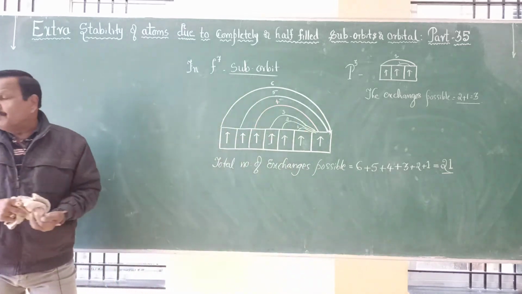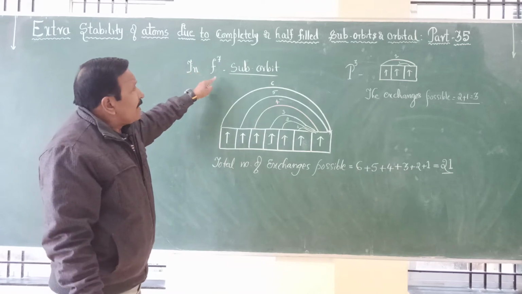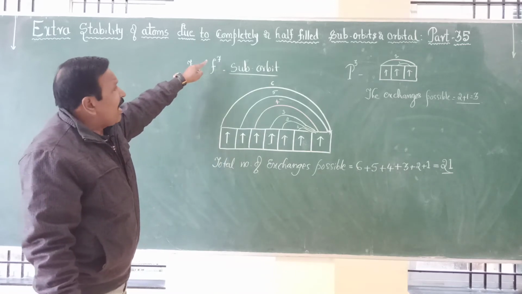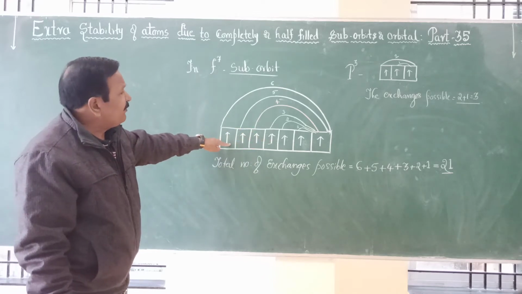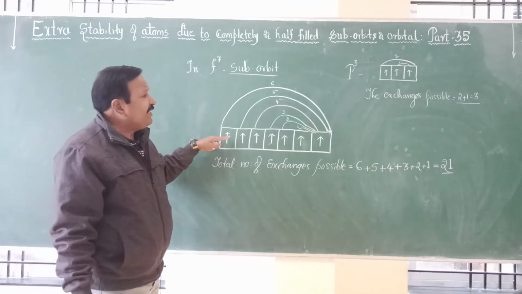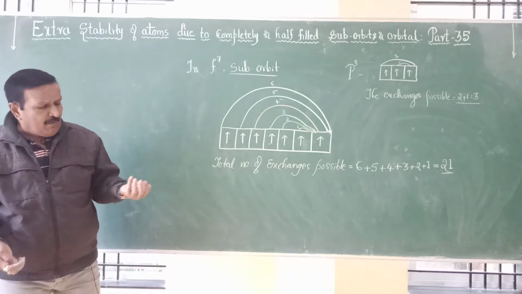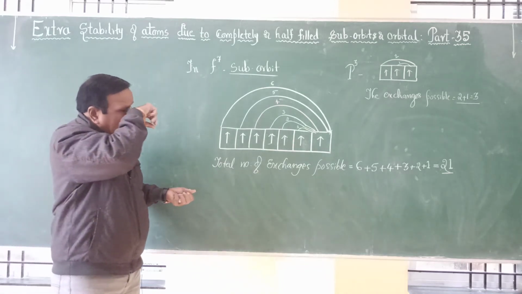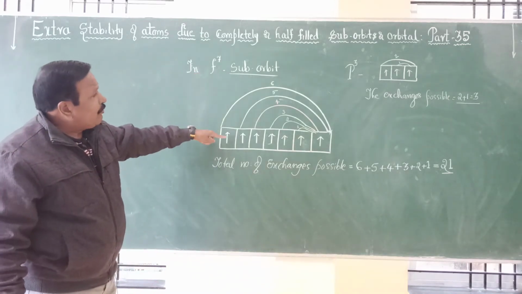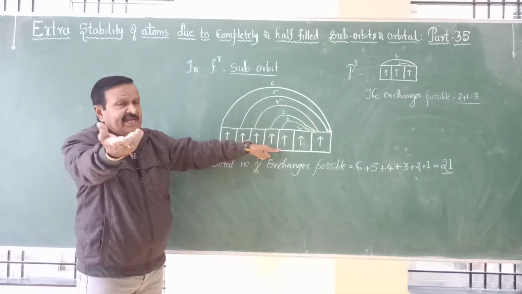So this is what you mean by the f orbitals half filled with the same spin: the degenerate orbitals having the same spin of electrons. They can exchange their position from one position to another available position, and when they exchange, they release energy.